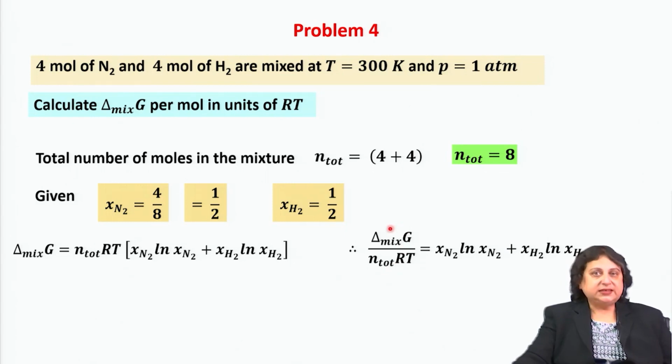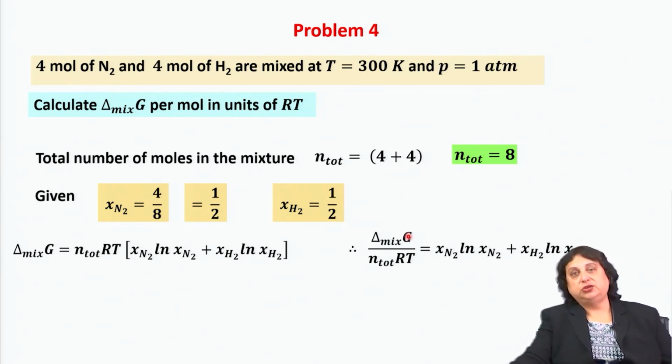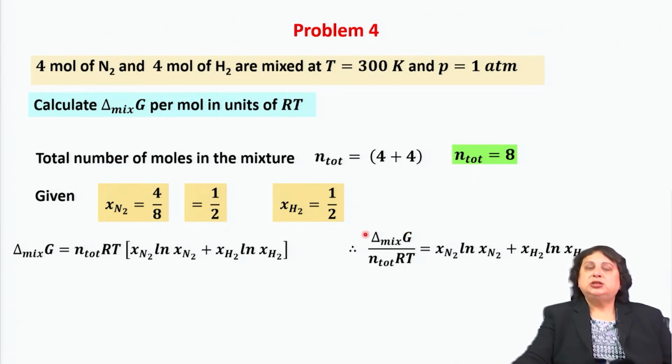This ratio means that you are looking at the free energy of mixing per mole of the mixture, and it is not in the units of joules or kilojoules or anything, but it is in the units of RT. So, what I will get on the right hand side, of course, is a dimensionless quantity.